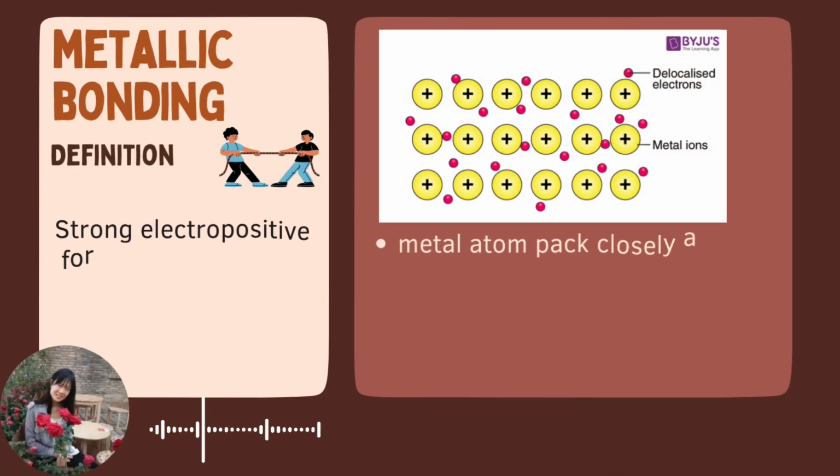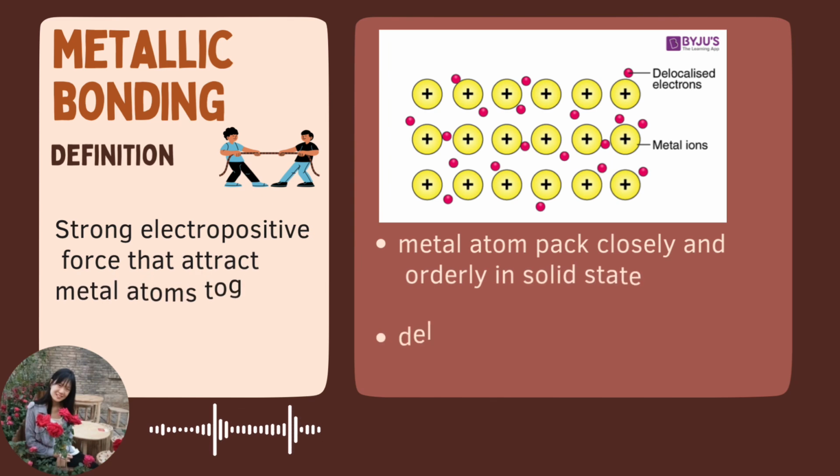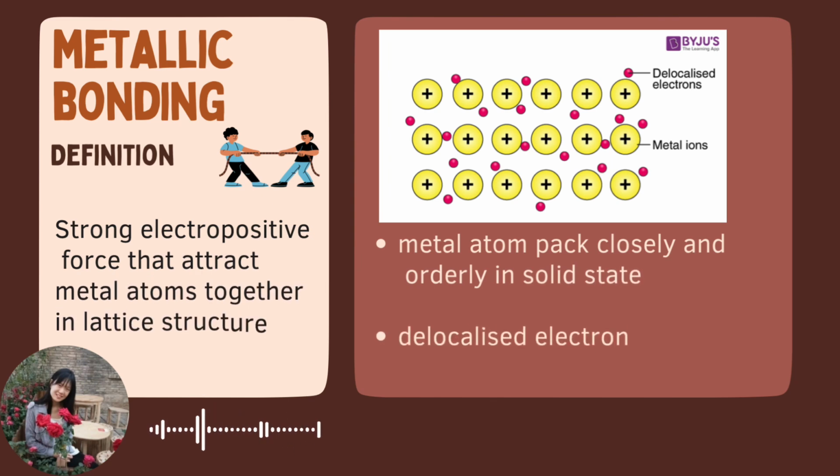So class, now we will move into the third bonding, which is metallic bonding. Metallic bond is a strong positive force that attracts metal atoms together in a lattice structure. Metal atoms are arranged closely packed and orderly in the solid state. Valence electrons of metal atoms can be donated easily and delocalized although in the solid state.